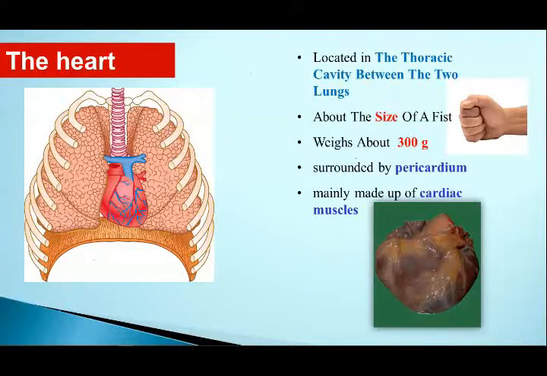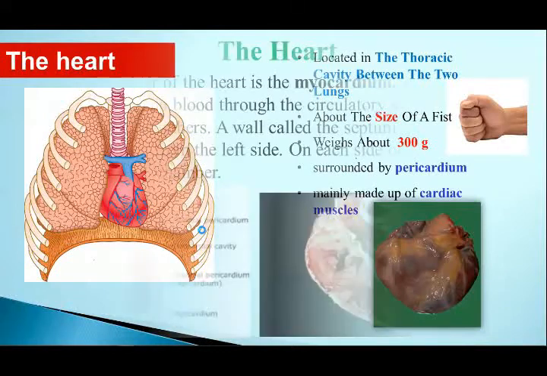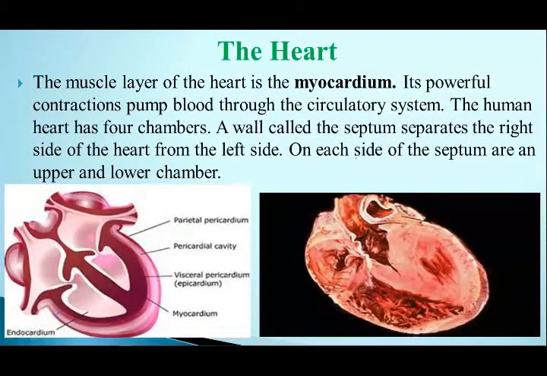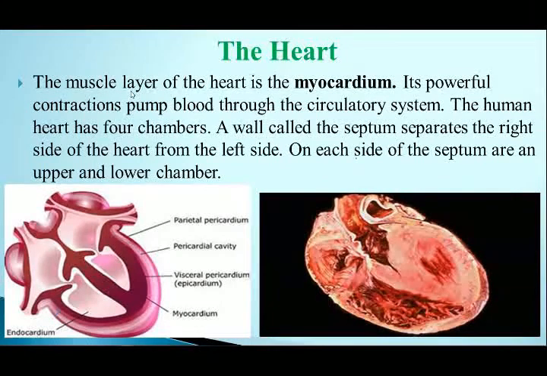Let's move on to understand the heart in a little more detail. What I said, the heart is basically made of muscles, and these muscles which make up the heart are commonly called myocardium. You have to remember this myocardium. They can produce powerful contractions to pump the blood across the whole circulatory system.